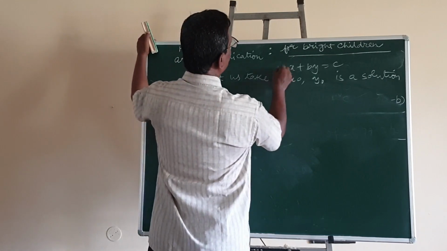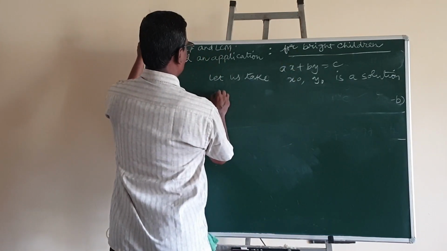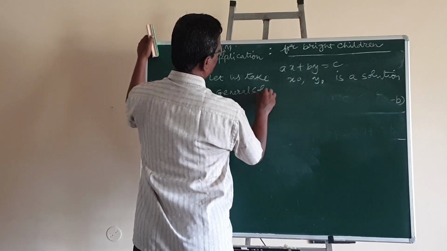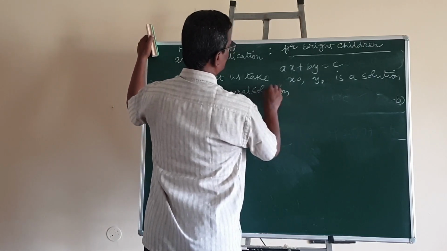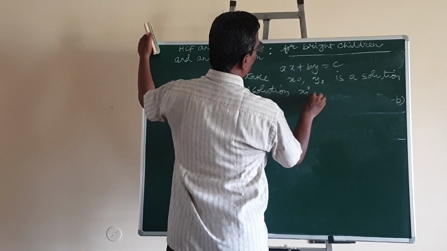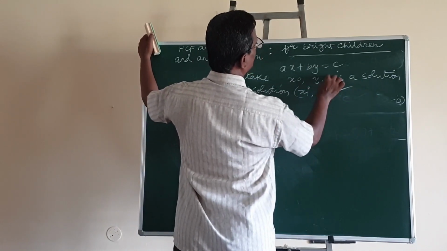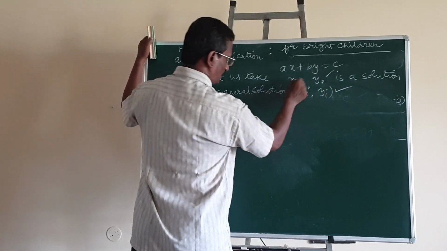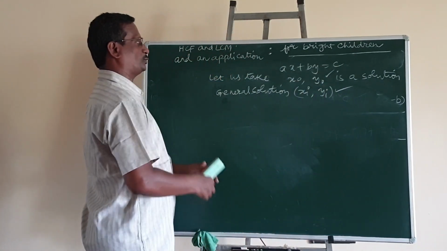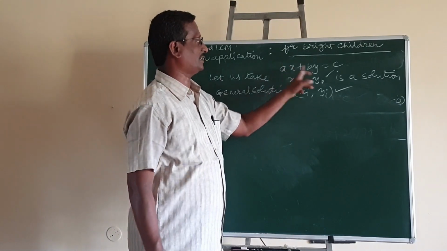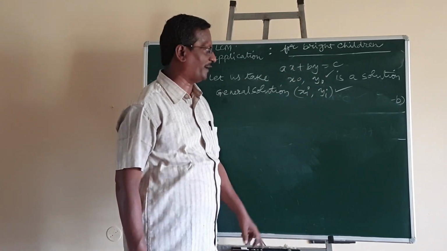Here, the general solution is xi, yi. This is the general solution. This is the particular solution. In this particular solution, by substituting any real value, integer value to x, let us find out the corresponding value of y.